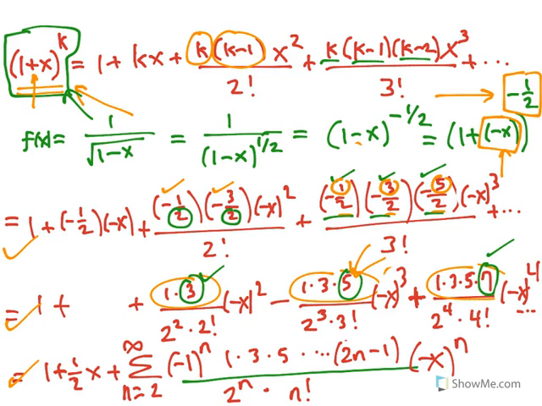And when I do that, the second term becomes a positive 1/2 x. And the description of the nth term, you can get the correct description just by looking at negative x to the n, which you can write as negative 1 to the n times x to the n.